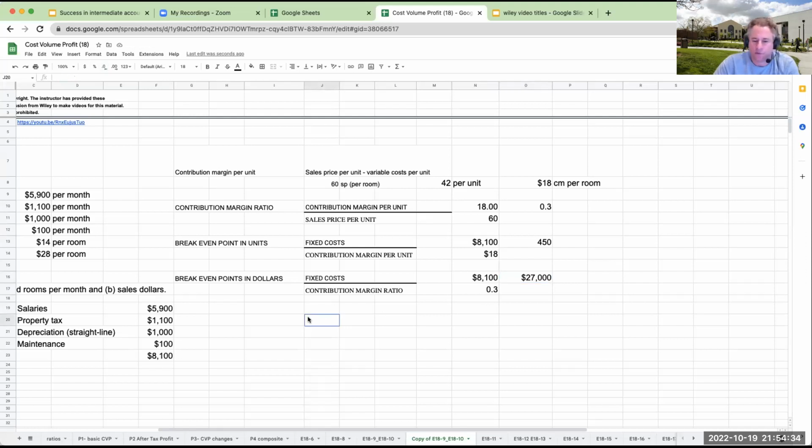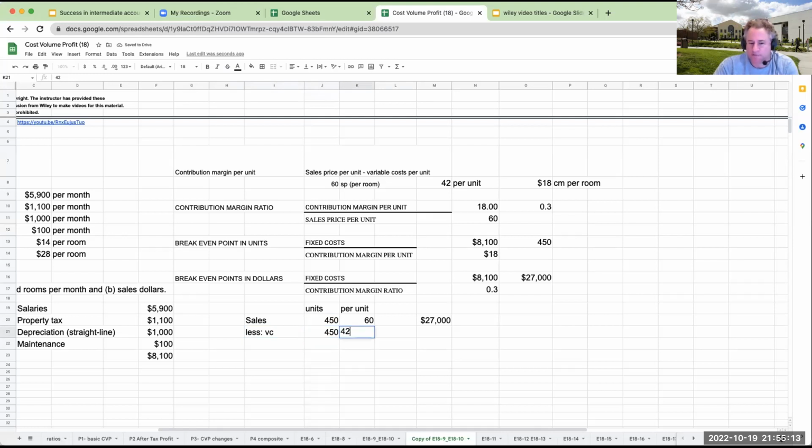So now let's go through and figure out the numbers. If I'm doing a contribution margin income statement, also sometimes called a variable costing income statement, I'm going to have my sales. My units that I'm selling are going to be 450, and my per unit sales price is 60. So my total revenues are 27,000. Less my variable costs: if I sold 450 units, I need to take 450 units to cost of goods sold.